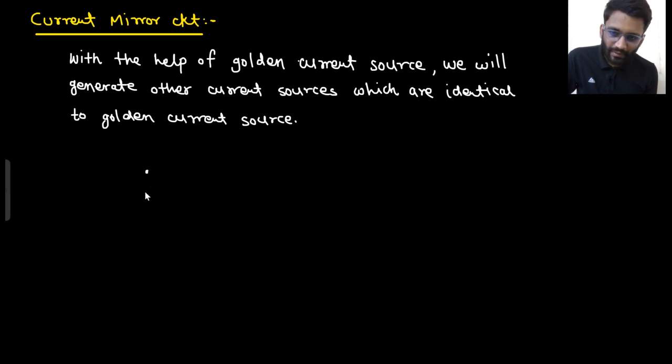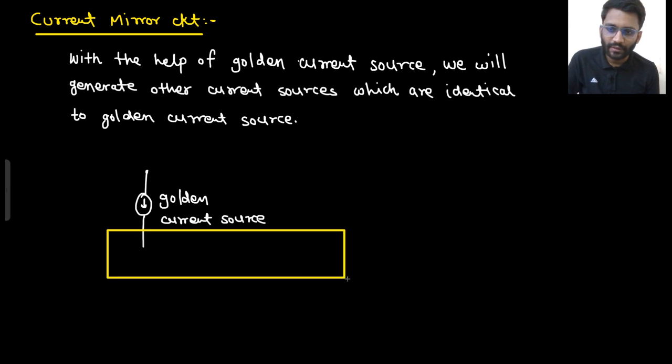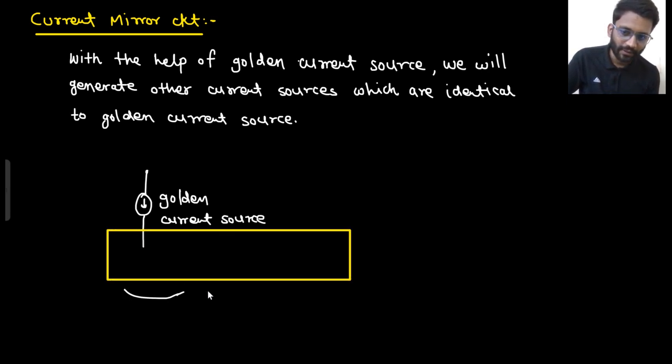So basically, you will already have a golden current source. This is the golden current source you are having. By using this current source in a circuit, this is a particular circuit.